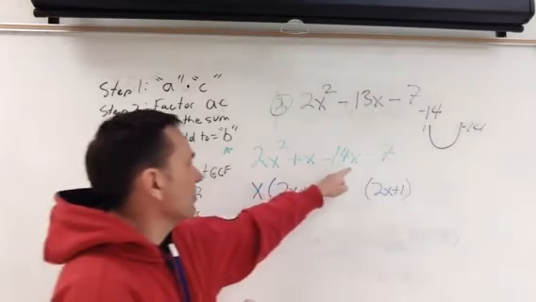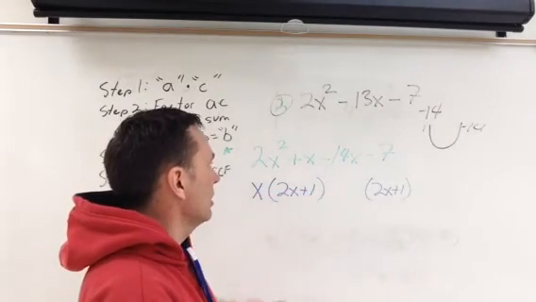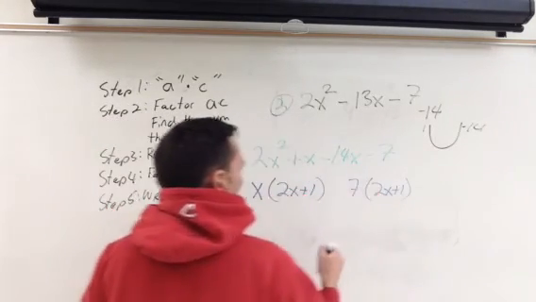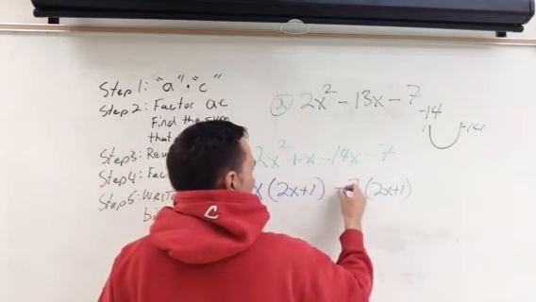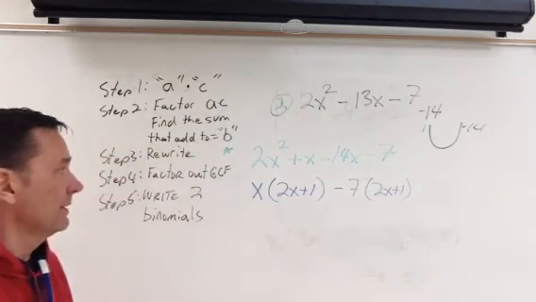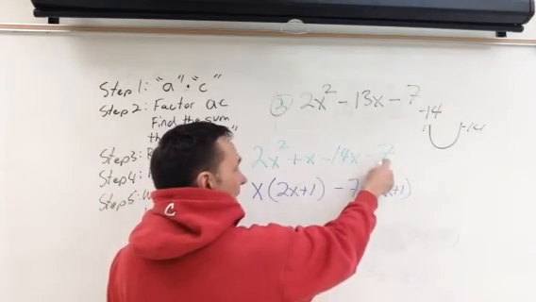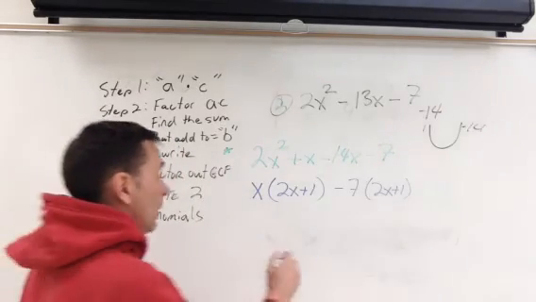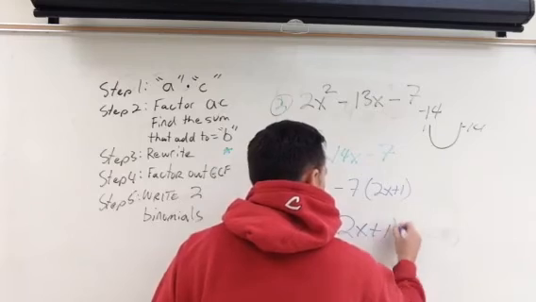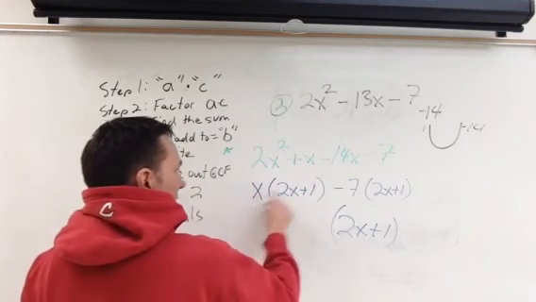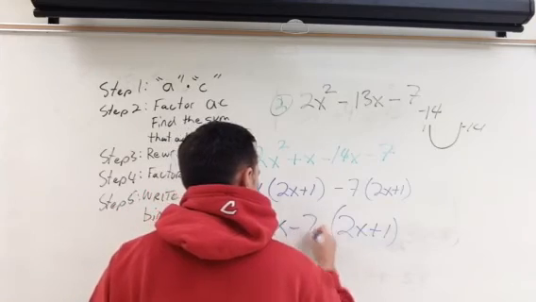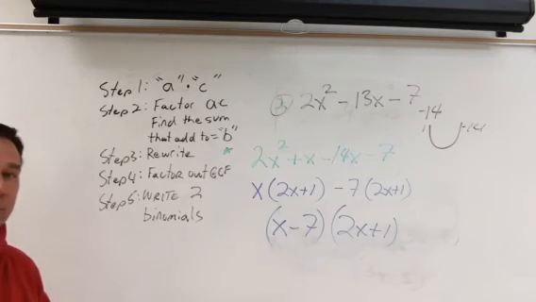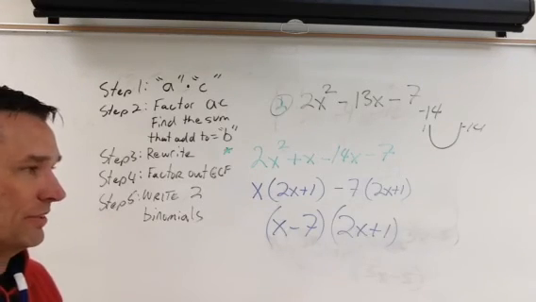But if I factor a 7 out here, make sure that it's not just a 7, but we can factor out a negative 7. Divide this by negative 7, divide that by negative 7, you end up with 2 positive terms here. So we still have our 2x plus 1 here to finish it off. Now combine this, x minus 7. And there's our answer. x minus 7 in parentheses and 2x plus 1 in parentheses.